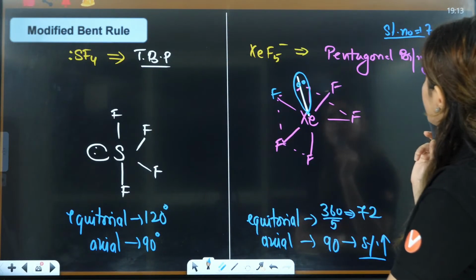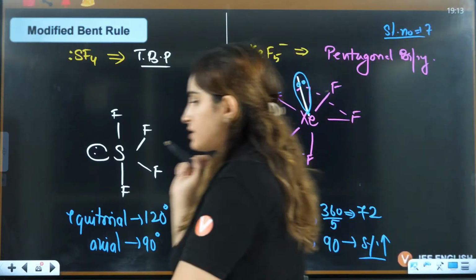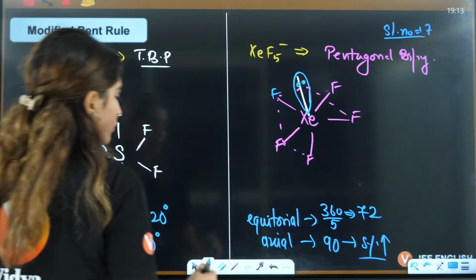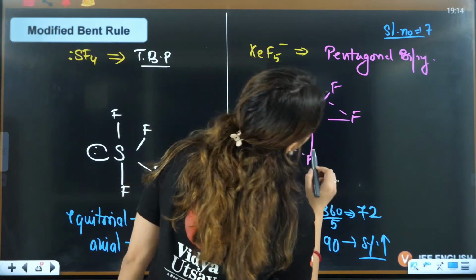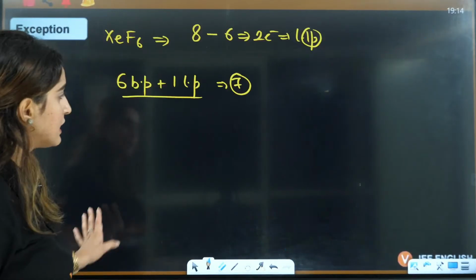Wait a minute. It will have 2 lone pairs, no? 2 lone pairs it had. So it will be like this, by mistake, right?